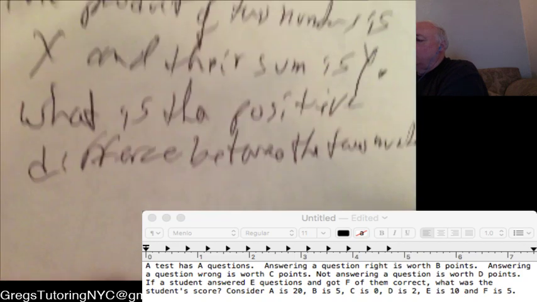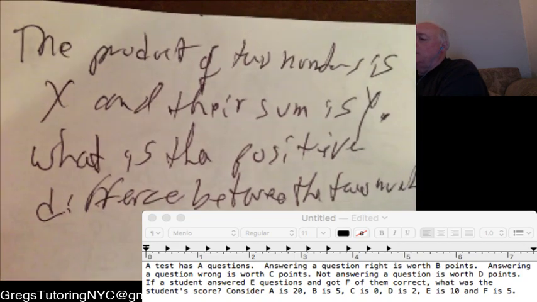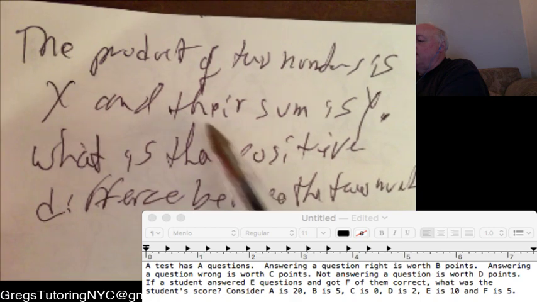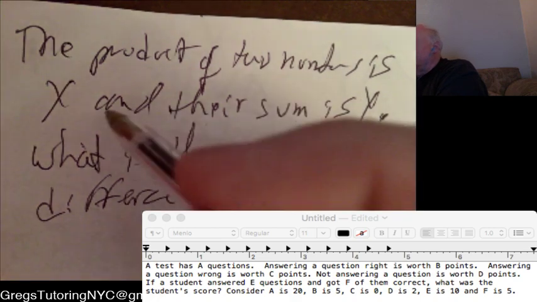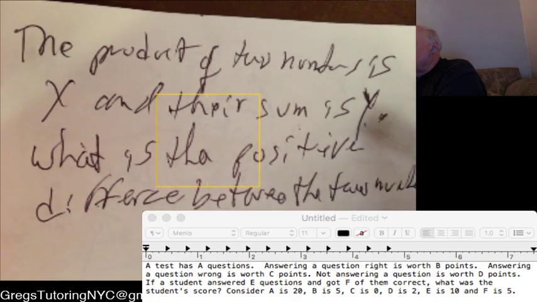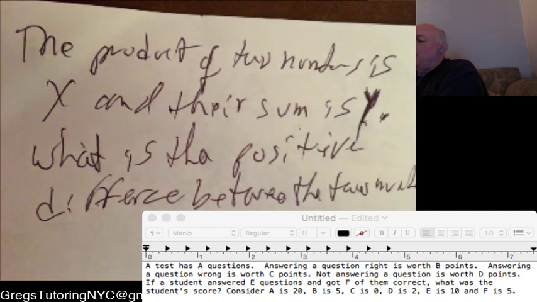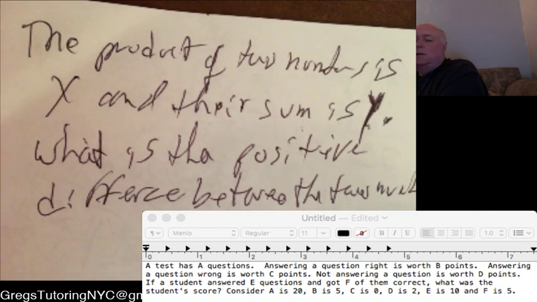And I'm off the screen here. So the product of two numbers is X, and their sum is Y. What is the positive difference between the two numbers?